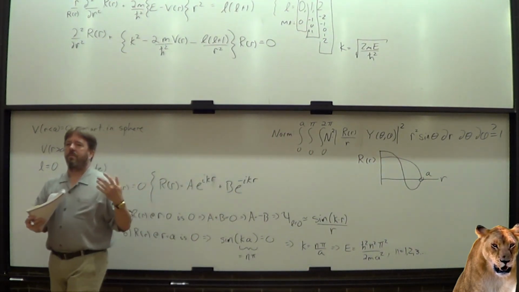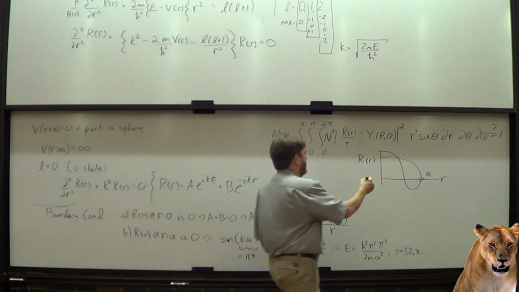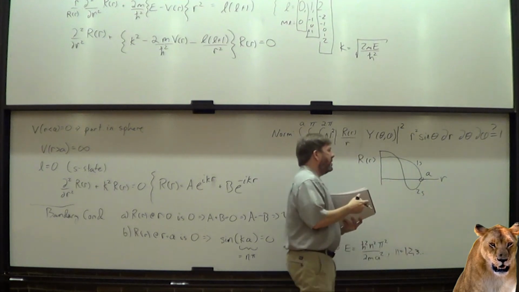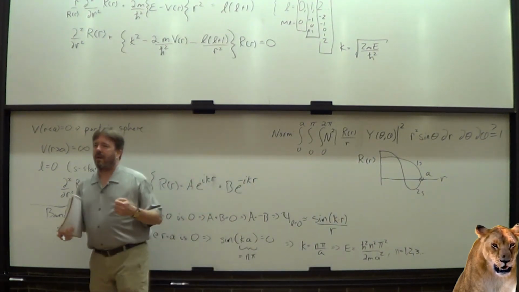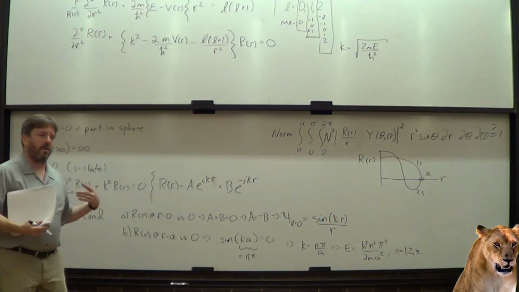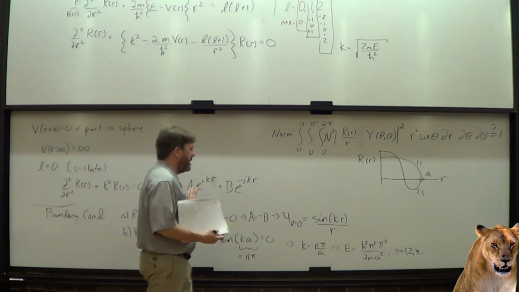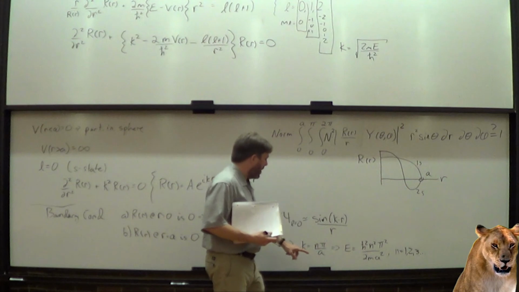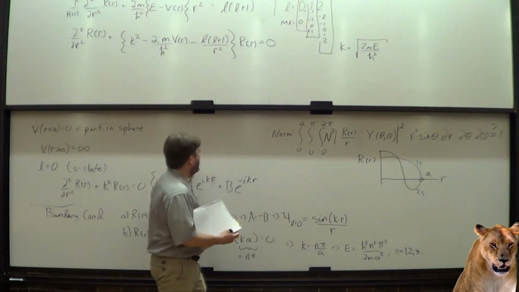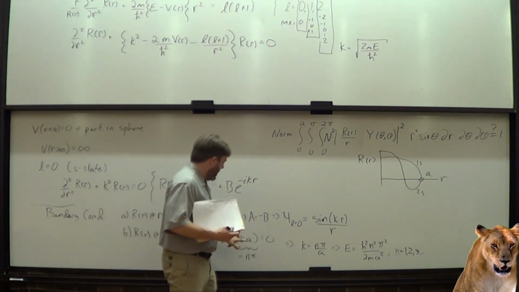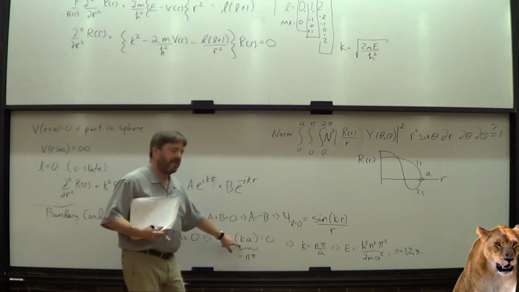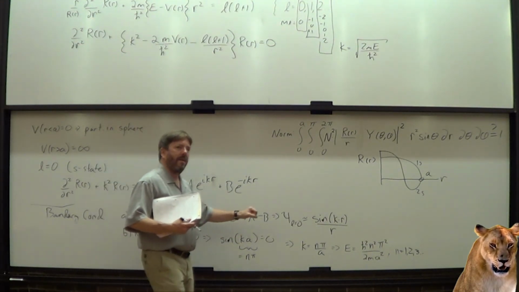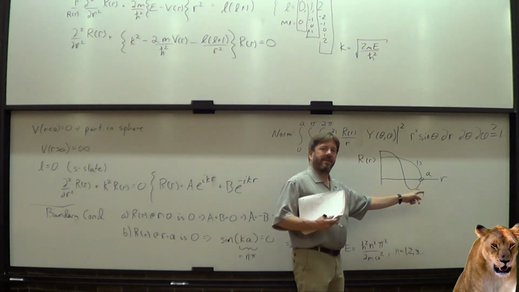So, 1s, 2s. Notice that the 2s has a node, and therefore it has higher kinetic energy. If energy is higher, K is higher, and so as the wave travels from 0 to a, it has a shorter wavelength because K is bigger.